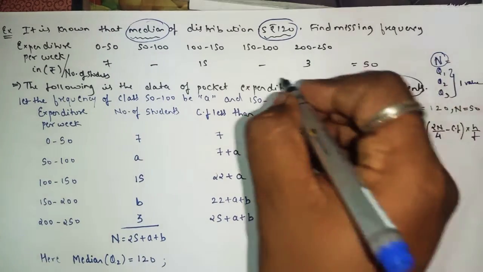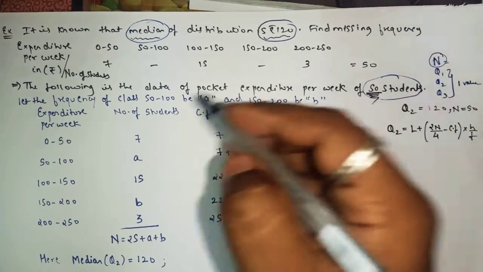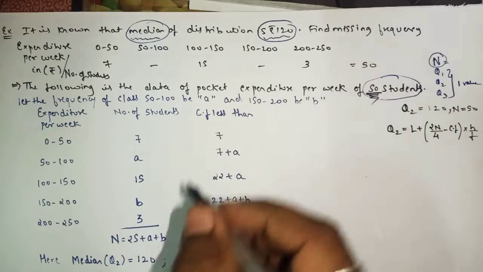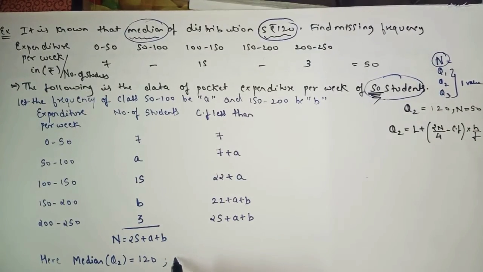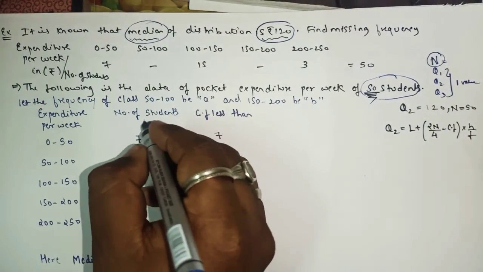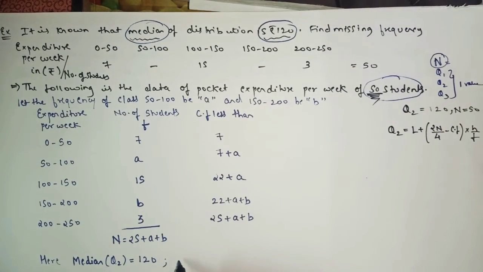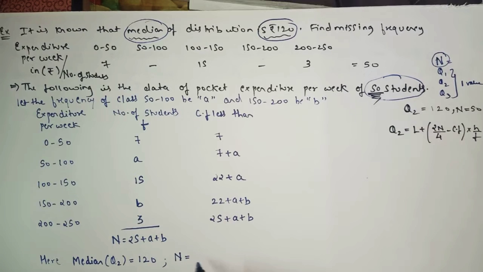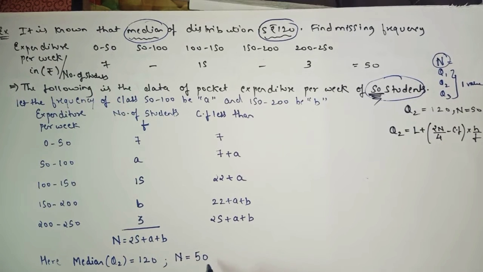And here we have one more value, which is 50 students. So the number of students is in the frequency column. Yes or no? So this is known as the total frequency. For total frequency we consider capital N. So total frequency here is 50.